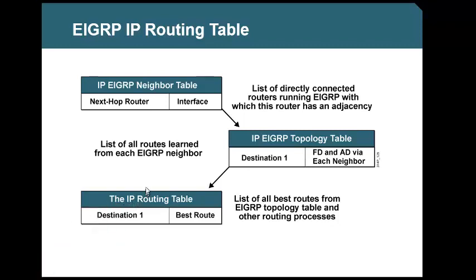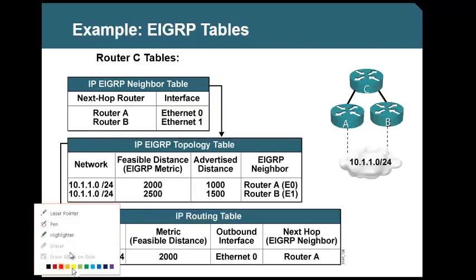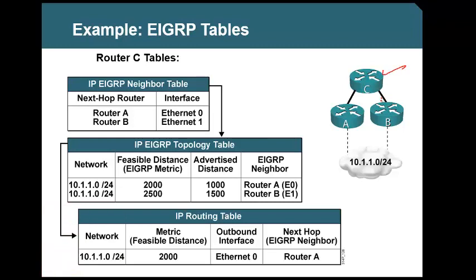Now you see this picture. From C, we can go via E0. If you go via E0, you will go via A. A is the gateway, next hop, in order to reach this network. If you go via E1, B is the next hop. You can reach the same destination. I told you in the topology table you will have the best, and also the second best, the backup, which is via E1.